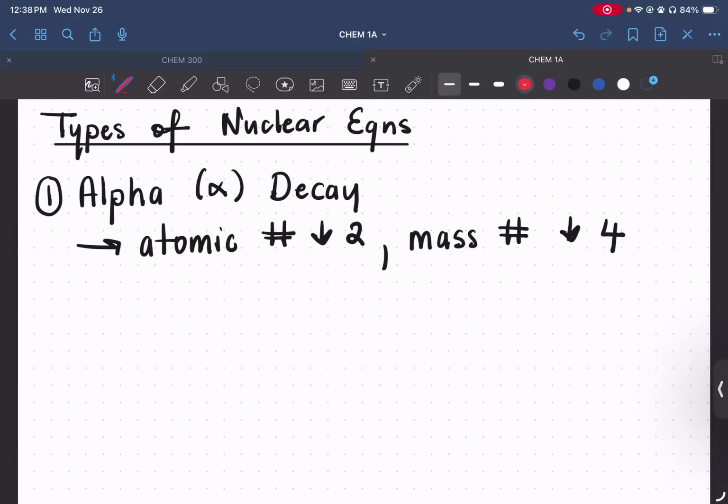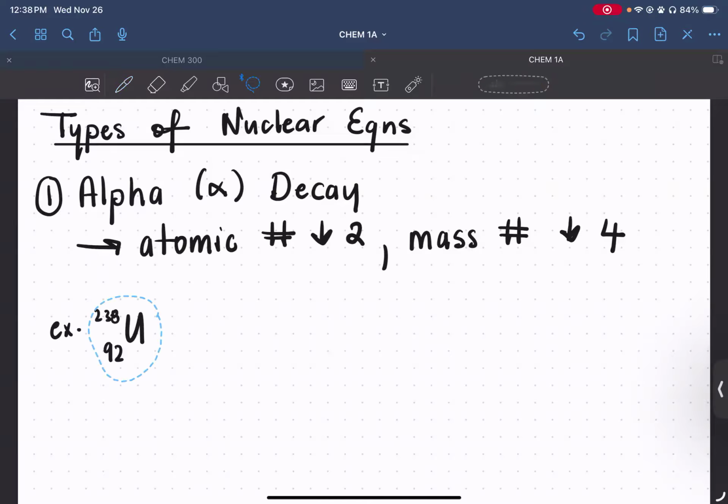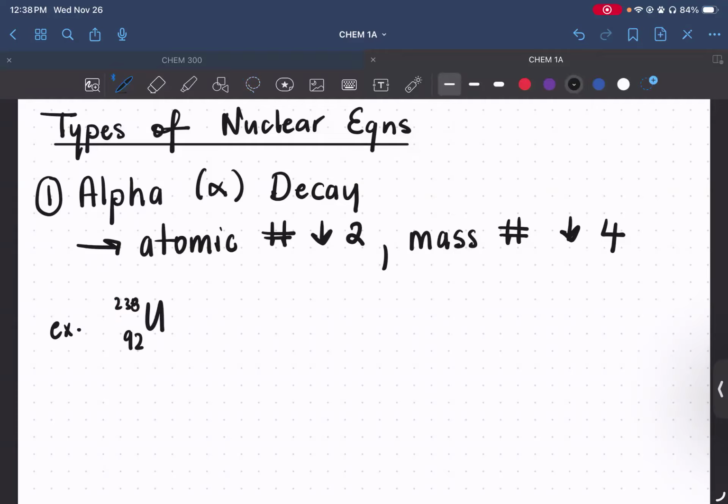Well, let's take one of the most popular examples of a radioactive isotope, uranium. The atomic symbol is shown here, where the bottom number is, of course, the atomic number, and the top number is, of course, the mass number.